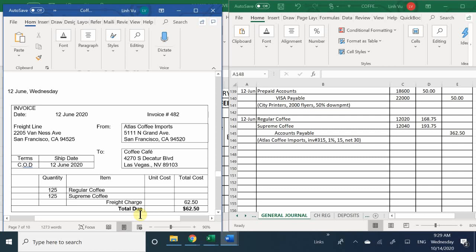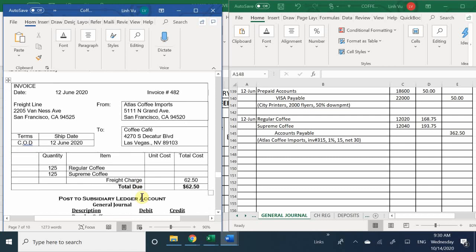Now, if you understand shipping, you know it's based on weight. So how am I going to divide this amongst the regular coffee and the Supreme coffee? Equal. Equal. Exactly. That's what we're going to do.